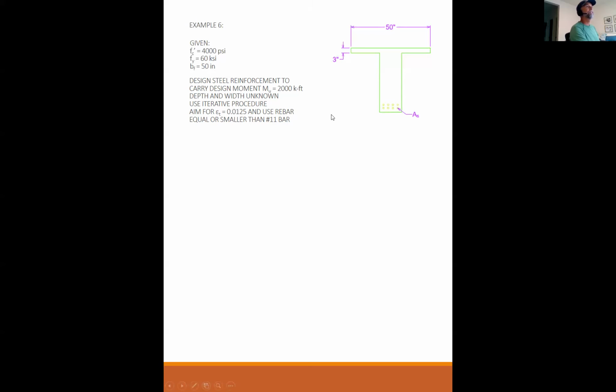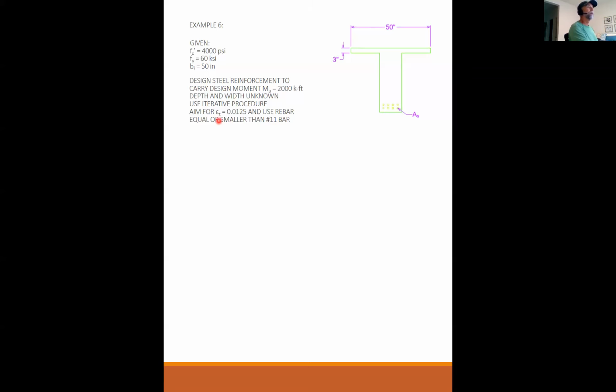Keep in mind these designs where you don't have a depth at the beginning of the problem. If you don't have a depth at the beginning of the problem, then you need some kind of target for what am I supposed to aim for? Or else there's an infinite number of solutions that are all correct if you don't have something that kind of hems it into what we're looking for.